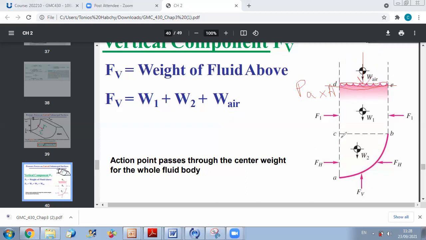Now, what are other forces acting on my control volume? I have the weight W1 of the rectangular part, and I have W2, the weight of the curved part. So W2 is the weight of the following part. This is concerning the weight of bodies we have.